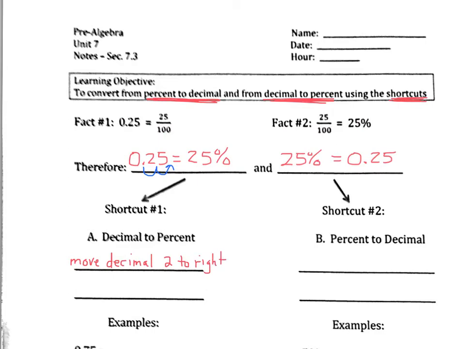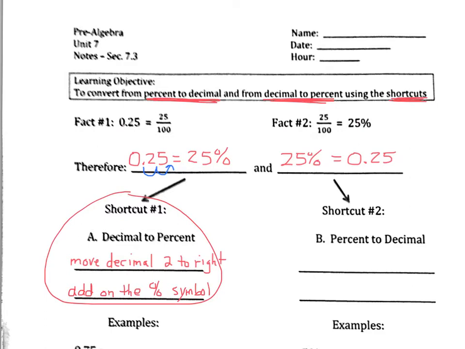And then also you have to tack on the percent symbol. So you also have to add on the percent symbol. Alright, so that's shortcut number 1.